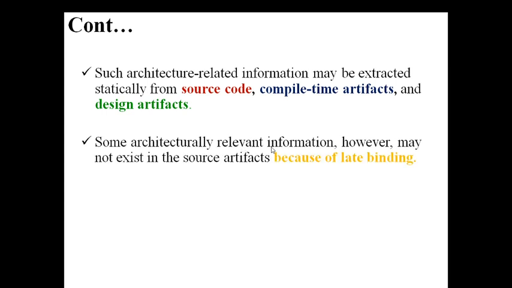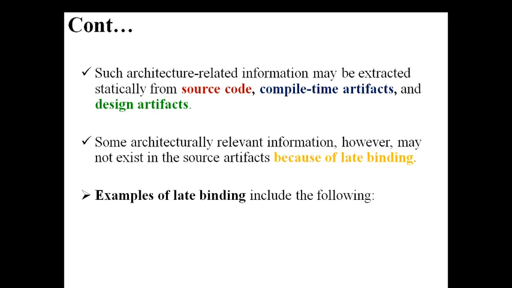However, architecturally relevant information may not exist in the source artifacts because of late binding. Late binding is when at the time of execution you are going to give input. In that case, it is called late binding. We may not get that information beforehand, because we can test that after execution only, right? Examples of late binding include the following.